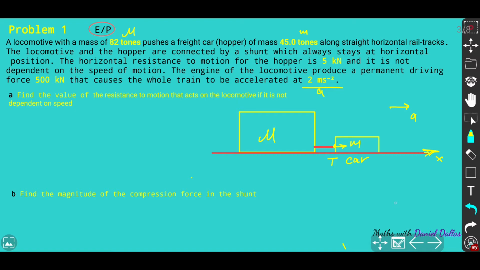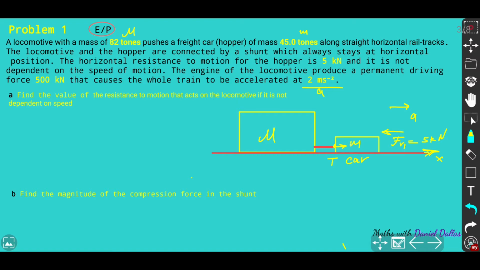All right, so what's next? We do have the horizontal resistance of motion for the hopper, 5 kilonewtons. It's right here. It's against the motion, and we can set up F resistance 1, which is equal to 5 kilonewtons. So we do have the pushing force, which is T. If you consider the shunt itself, it's going to be a tension, or the force of compression itself.